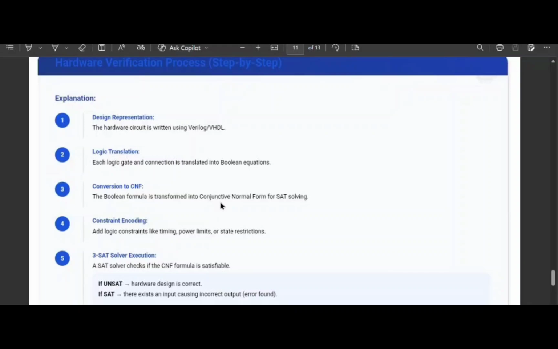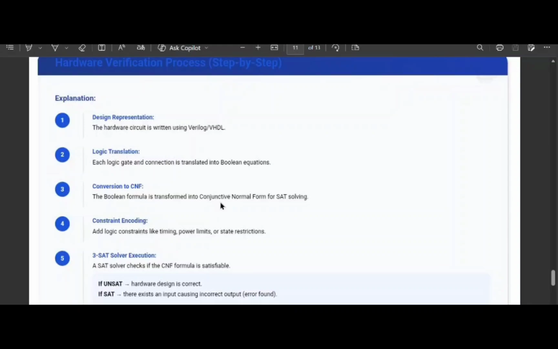We translate HDL code into a Boolean equation for each gate. Convert Boolean to CNF. This step transforms the equations into the exact input format for the SAT solver, because CNF simplifies the solver's job and makes the solving process faster.